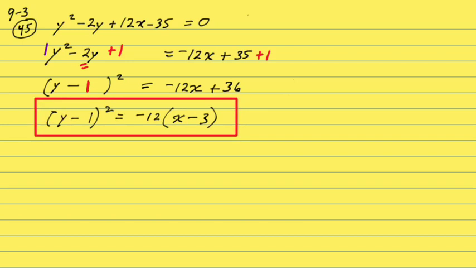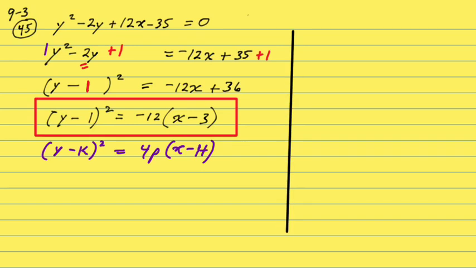Standard form again is (y minus k) quantity squared equals 4p times (x minus h). What's (h, k) on this one? 3, 1. So I would go to 3, 1. Which way is this opening?